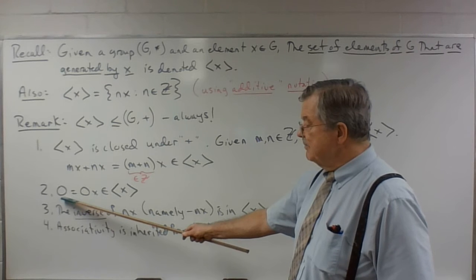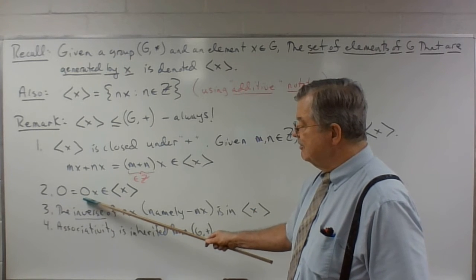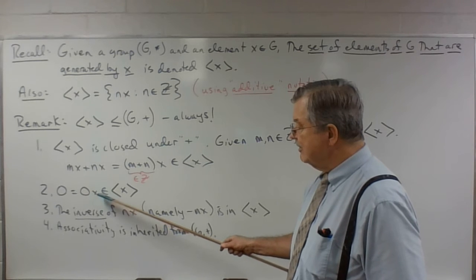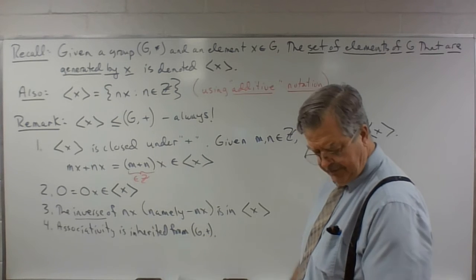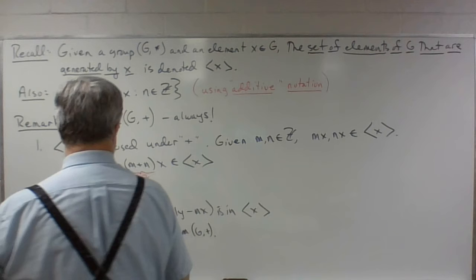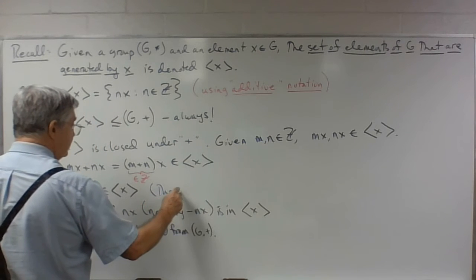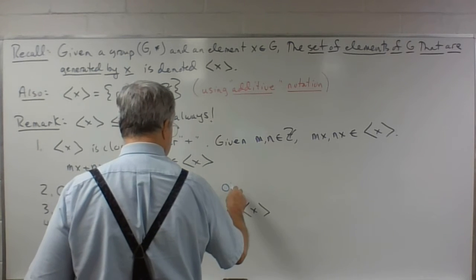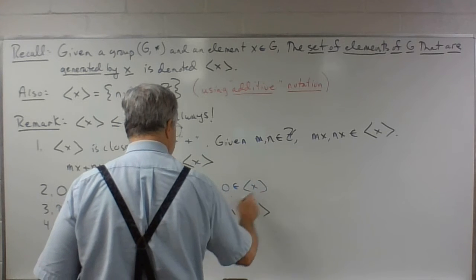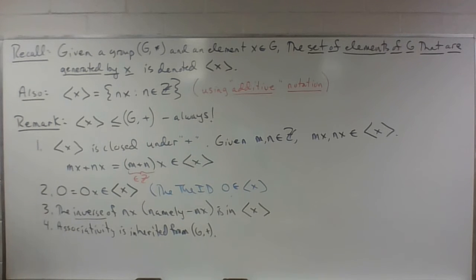0 is the identity, and 0 is an integer multiple of X, namely 0 times X, and 0 is contained in the set of elements generated by X. So I'll note the identity 0 is an element of the set of elements generated by X. The inverse of nx, namely negative nx, is generated by X. If n is an integer, then negative n is an integer.